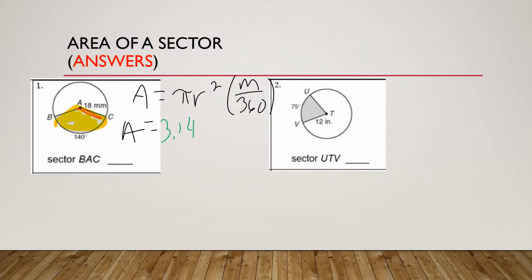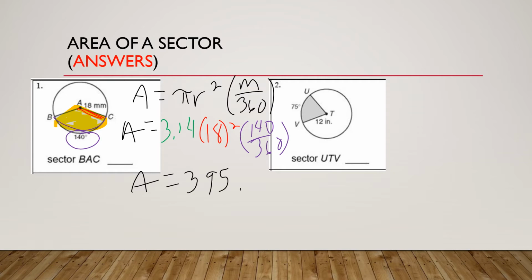My radius in this case is 18 squared, and the measurement of my arc is 140 divided by 360. So you would substitute all of these values into your calculator, round to the nearest hundredths, and we would get 395.84. My sector would be 395.84. My measurement is millimeters, and it would be squared since it is area.